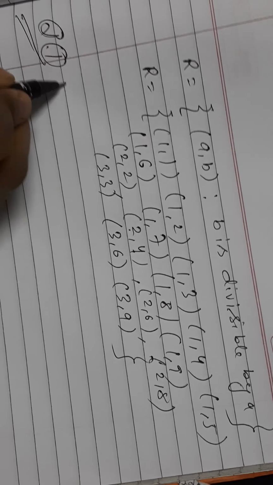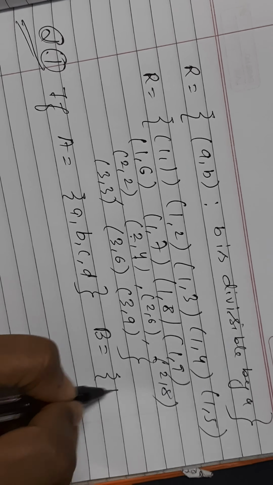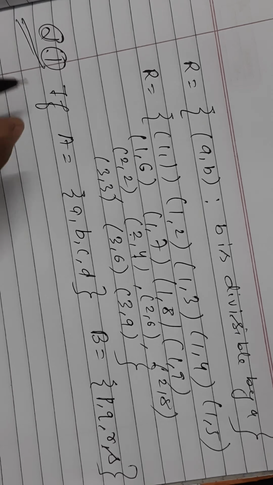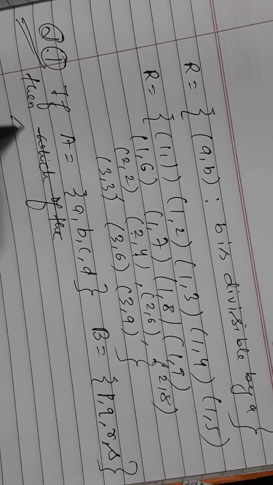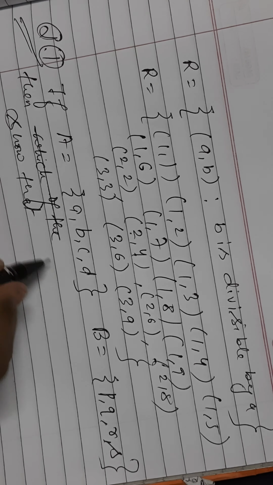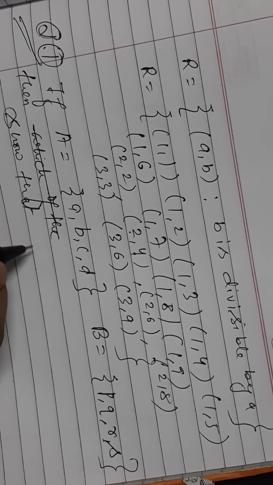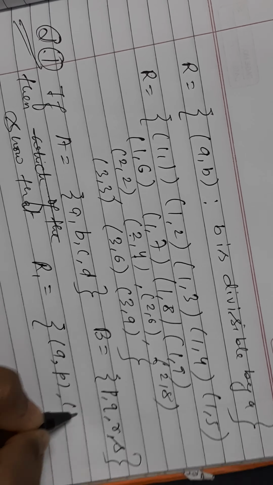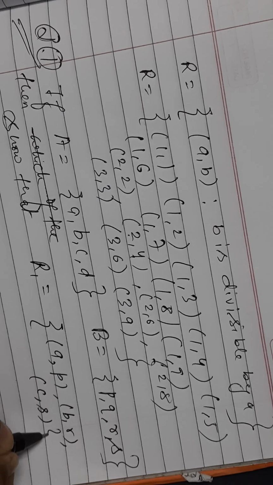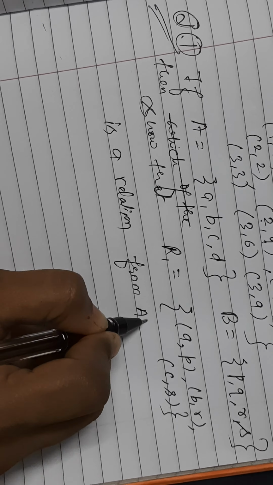If A = {a, b, c, d} and B = {p, q, r, s}, then show that R1 = {(a, p), (b, r), (c, s)} is a relation from A to B.